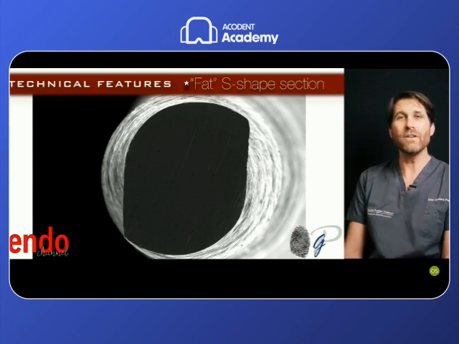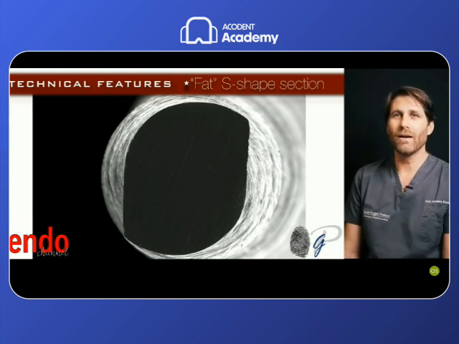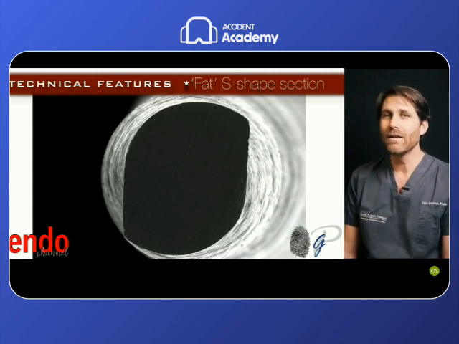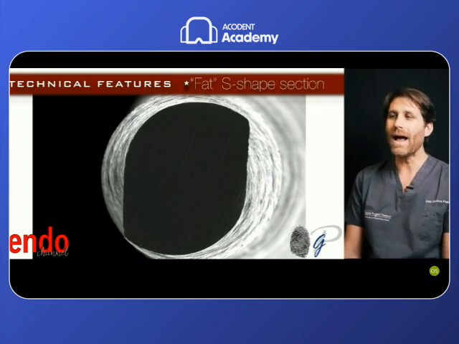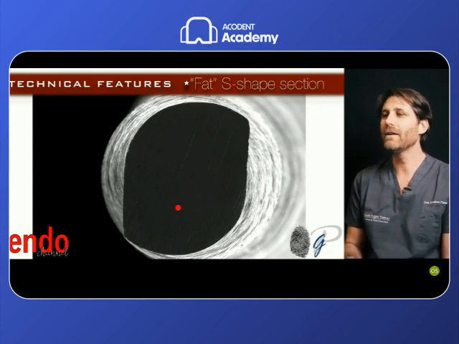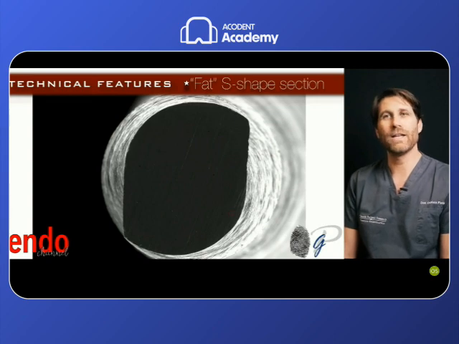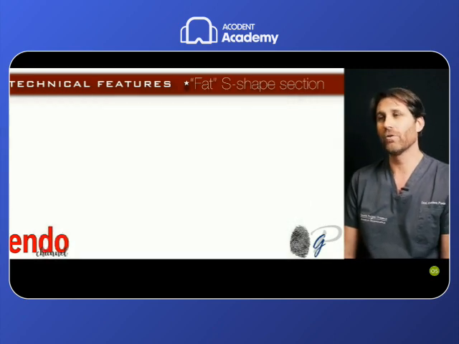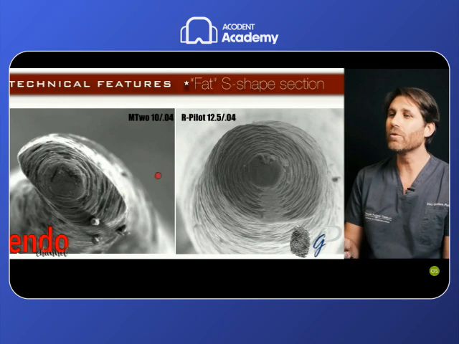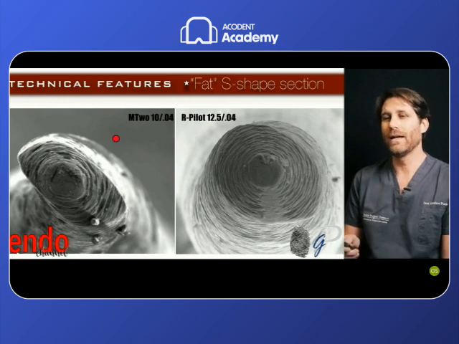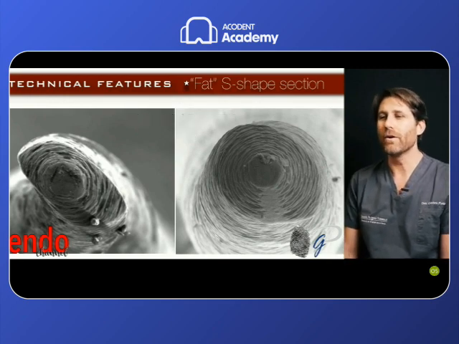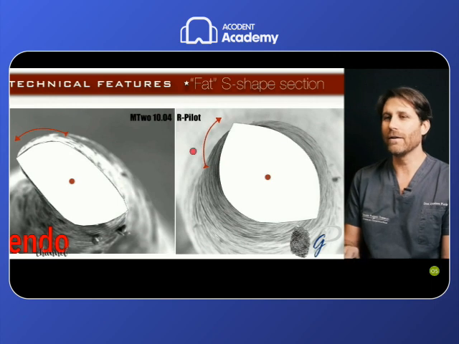So the first feature that we asked for the production of this file, starting from the initial prototypes, was to have a fatter S-shaped cross-section, a little bit fatter than the normal cross-section that we had for M2 and also for reciprocating files. So the M2 10 04 has a different, slimmer cross-section than the air pilot.